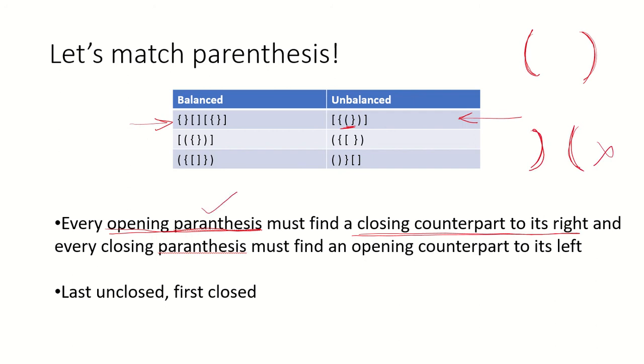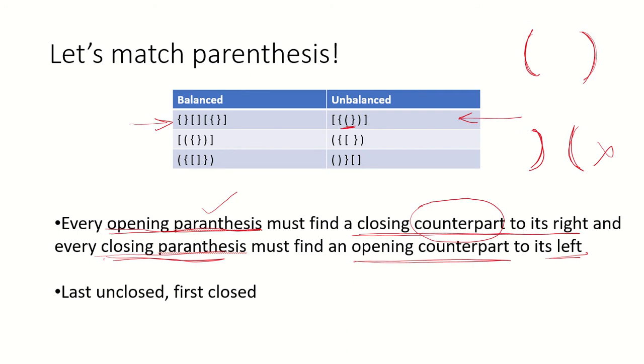So this is one of the rules. Every opening parenthesis must have a closing counterpart, meaning a bracket of the similar type to its right. And every closing parenthesis must find an opening counterpart to its left. That means if there was a closing parenthesis, there must have been an opening bracket of a similar type to its left.